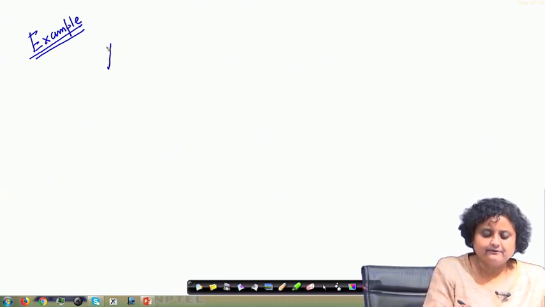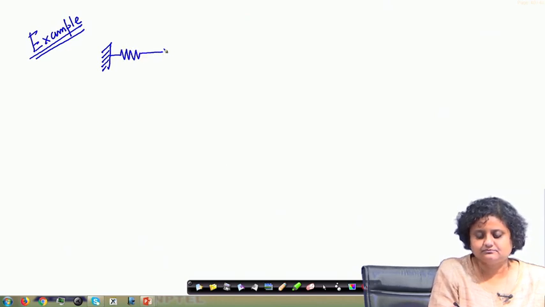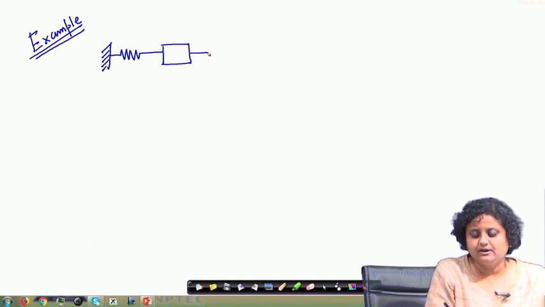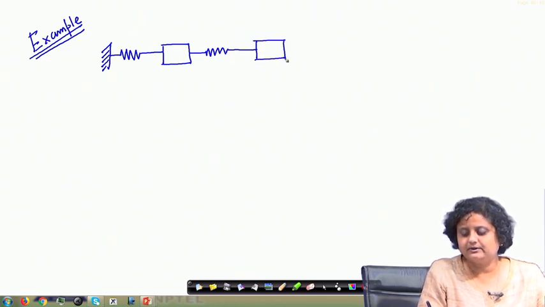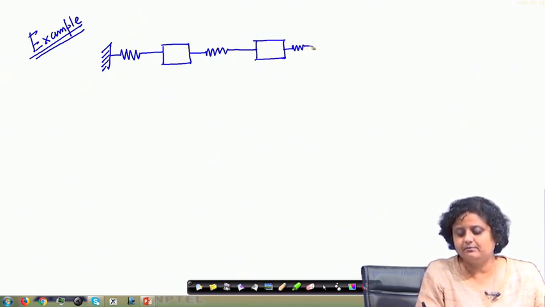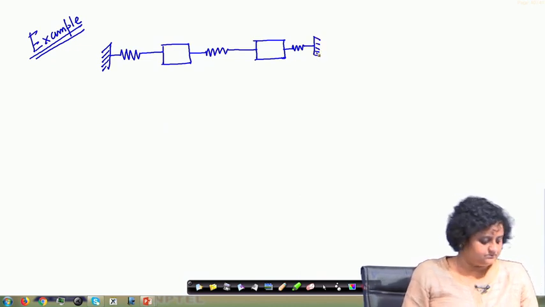So, let us take a very basic 2 degree of freedom spring mass system, so that the concept gets clear with this simple example, and then we will take a complicated example.